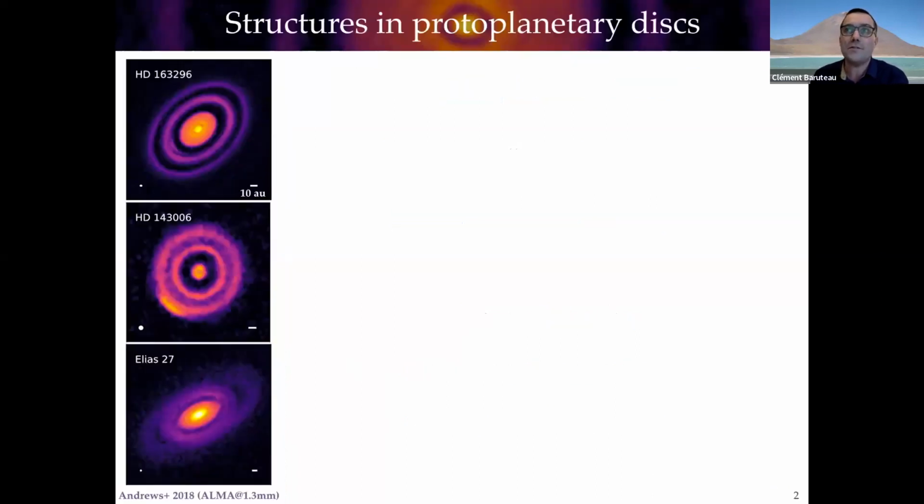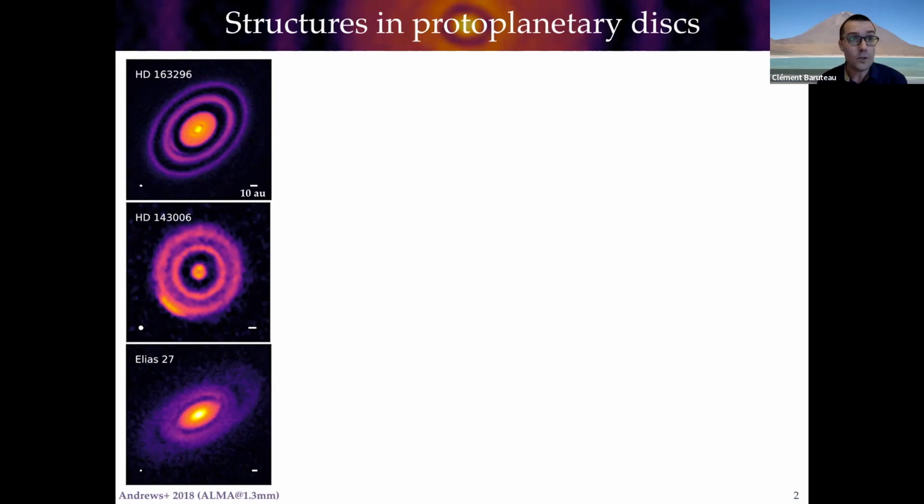Switching slide now, so you should be seeing my second slide. Now we have a fancy number of spatially resolved observations of protoplanetary disks. What is very interesting is that structures seem to be just everywhere in the protoplanetary disk emission. I'm showing you here a few examples observed in the dust continuum emission at radio wavelength, obtained with ALMA radio interferometry observations.